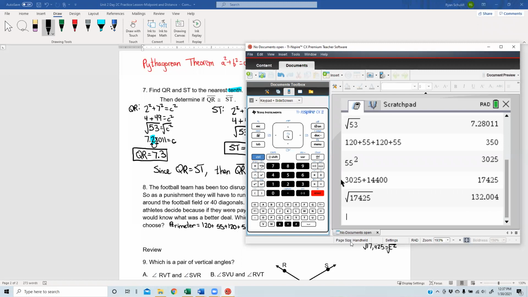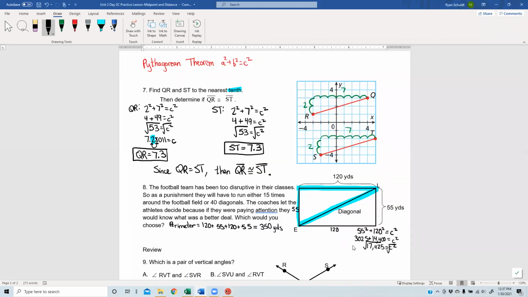So let's just say 132 yards. So the diagonal is 132 yards. Okay. Well, let's note that here. The diagonal is 132 yards. So here are the two options.